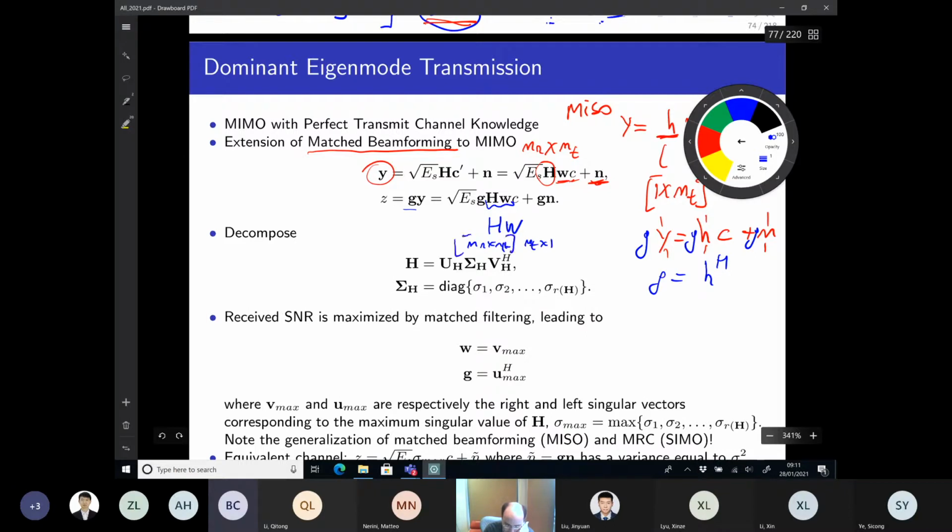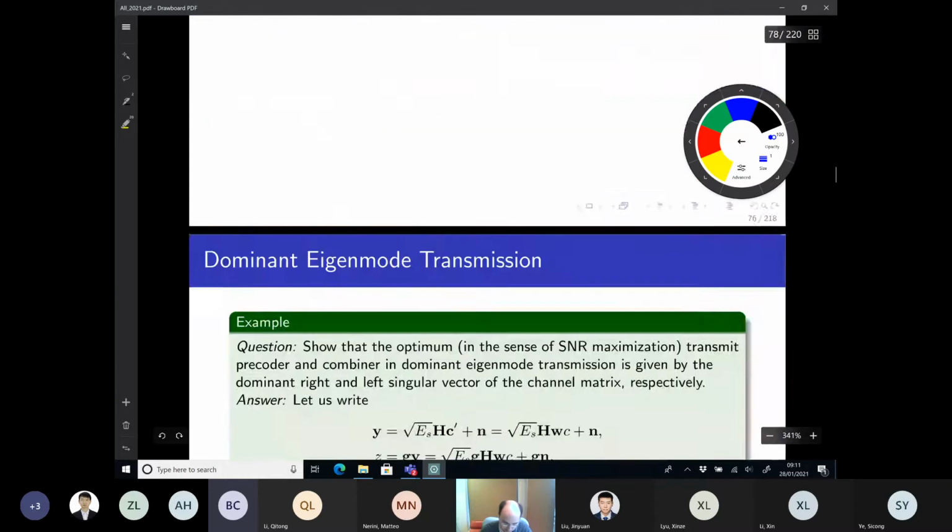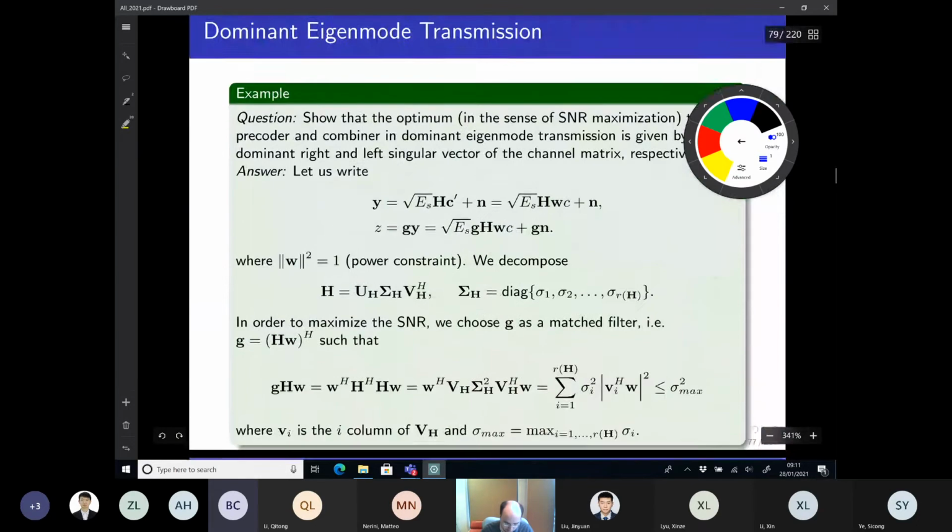So this whole thing is an NR by 1 vector, effectively. So I can apply G on this effective channel that is given by H multiplied by omega, right? We'll come back to this.